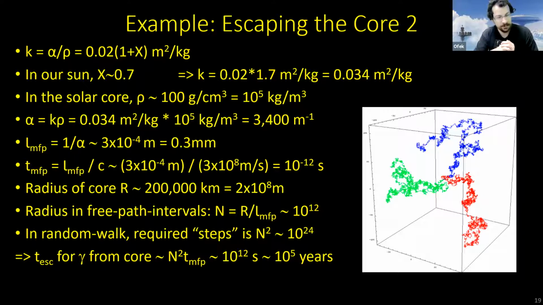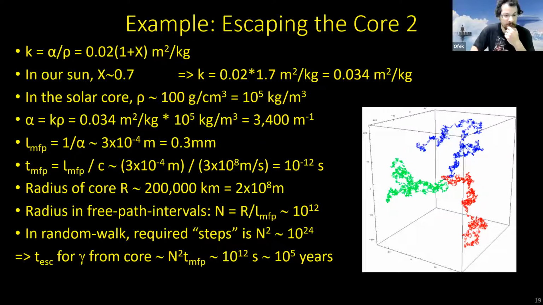The meaning of this is that a photon created in the center of the sun, trying to propagate outside of the core, if the core has a radius of about 200,000 kilometers, which is about 20% or 30% of the radius of the sun, that's 2 times 10 to the 8 meters.